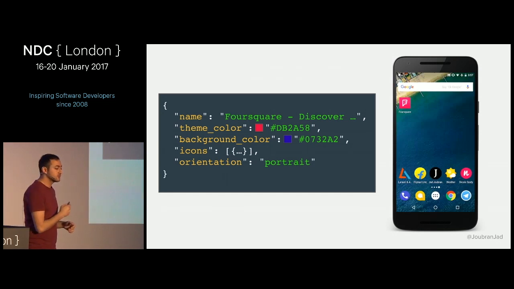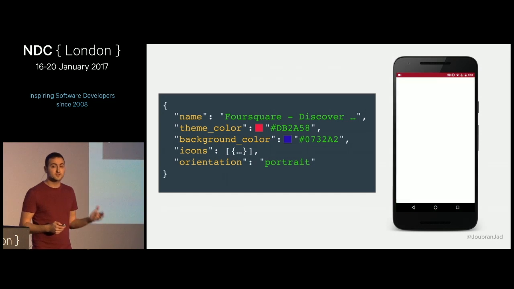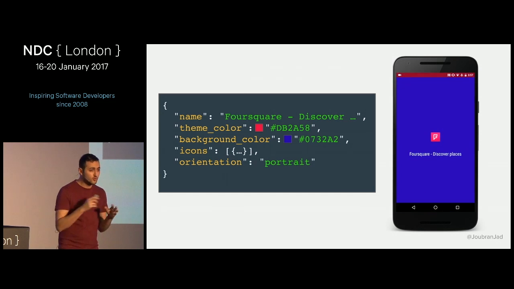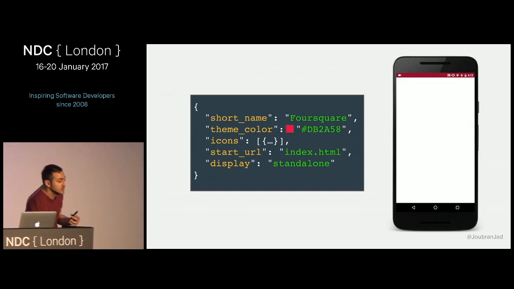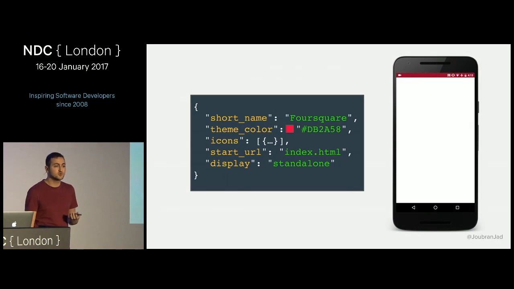You can also look up the orientation. In this example, I've set it to portrait. Now, all of this magic happens because we have display standalone. Display standalone actually instructs the browser to hide itself. That's why you don't see Chrome anymore. You see Foursquare. That's because I decided to build a progressive web app called Foursquare.